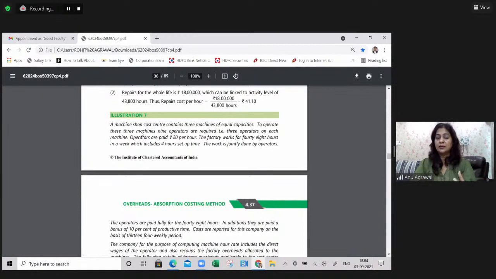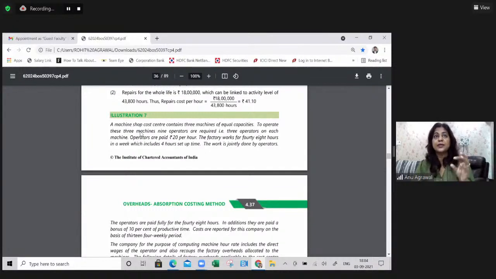But basically, when you say that there is a setup time or there is a maintenance time which has to be given, setup time is different and maintenance time is different. If there is a maintenance which has to be done mandatorily, without which the machines cannot work, and it is given in the question, then we take that up as normal loss.